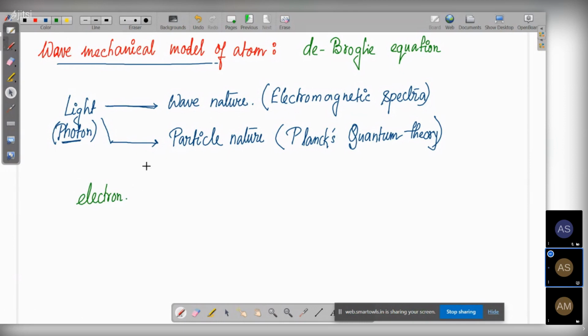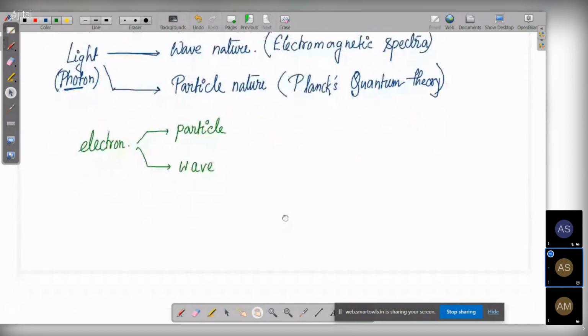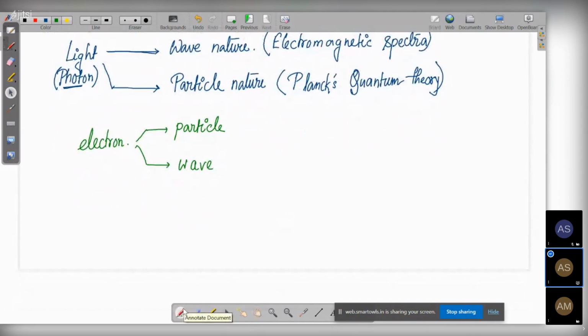Electron can also behave as a particle and also as a wave simultaneously. Till now we had been saying the electron to be a particle, but now he is saying that no, the electron can behave both as a particle and as a wave simultaneously.